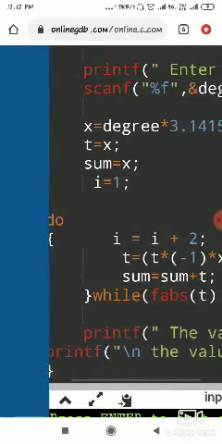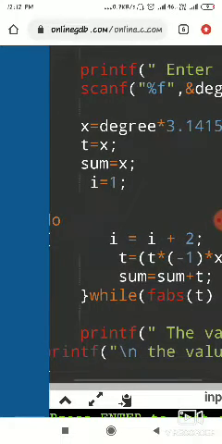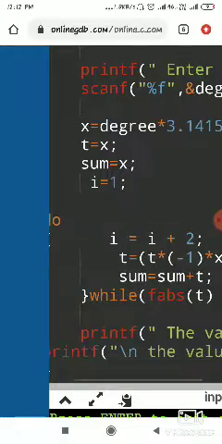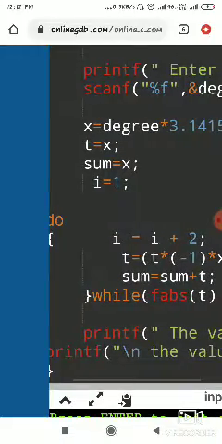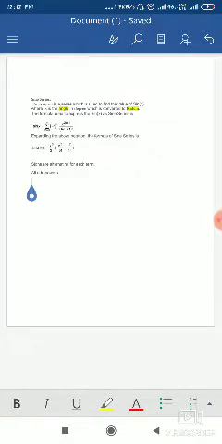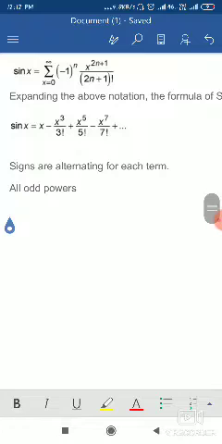I'm deliberately using a do while loop, because prior to this we did not apply any do while program. So here I'm going to apply do while logic. If you see the power over here, the powers are all odd powers.